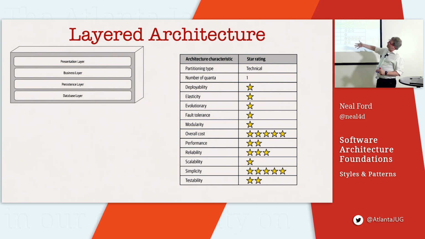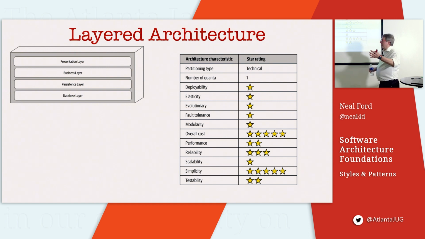We picked a handful of desirable architecture characteristics here, deployability, elasticity, the ability to evolve, etc. And you can see here, the only one that's kind of confusing is cost. 5-star means good cost, which means low cost. And so we've realized after the fact we should make those dollar signs, and it should be a single dollar sign, not 5 stars, because good cost being low cost is kind of confusing.